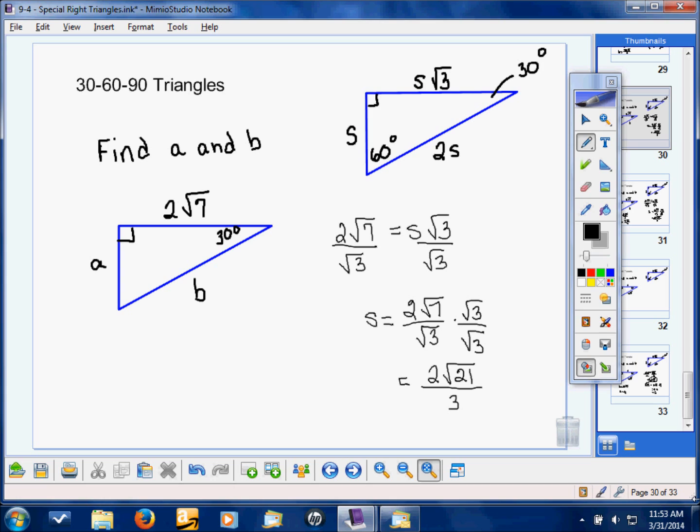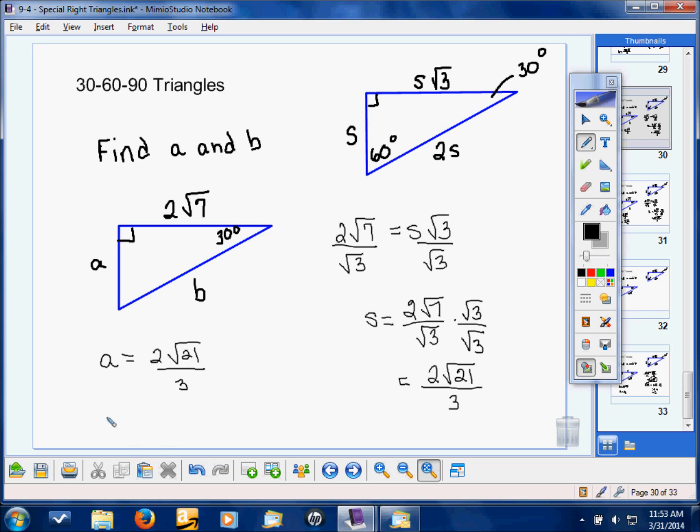Any issue? Yes. What about the 2? The 2 has to stay. So here we have A, the one that's the standalone, what we solved for S. So 2 square root of 21 over 3.